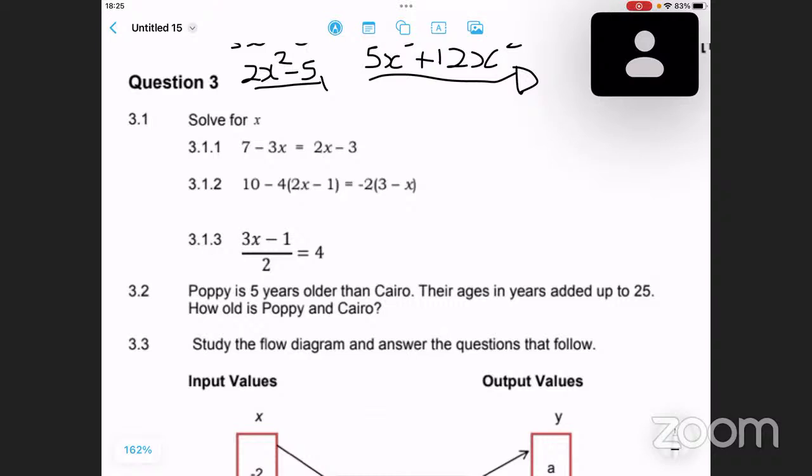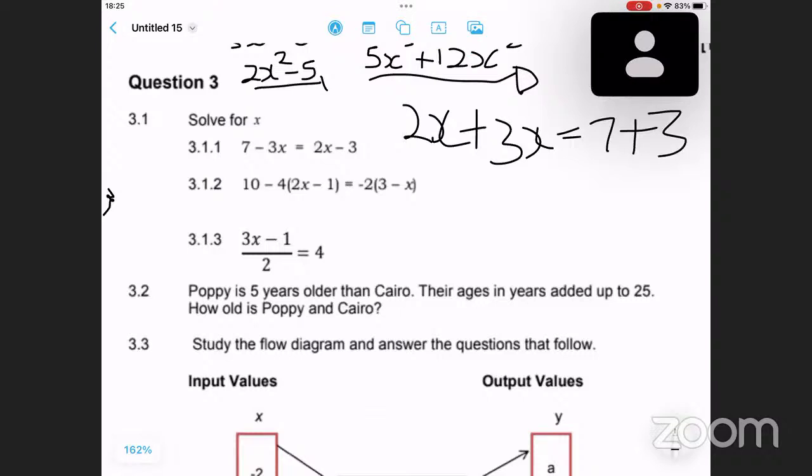Ma'am, you're gonna put numbers one side, variables one side, meaning it's gonna be 2x plus 3x is equal to 7 plus 3.